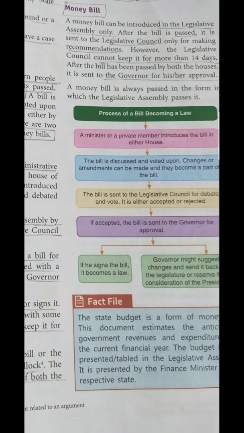It is either accepted or rejected, and if the bill is accepted, it is further sent to the governor, and if the governor signs the bill, it becomes a law. And the governor might suggest changes and send it back to the legislature or reserve it for the consideration of the president.